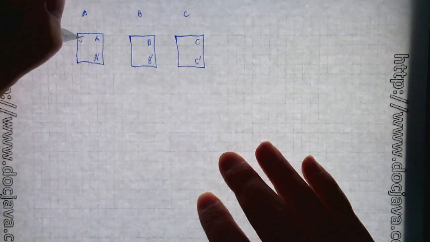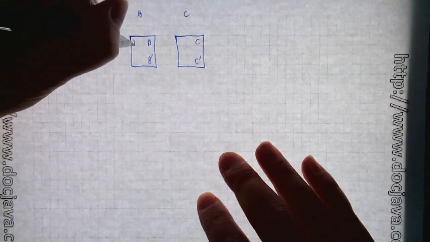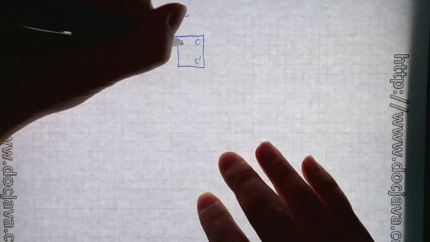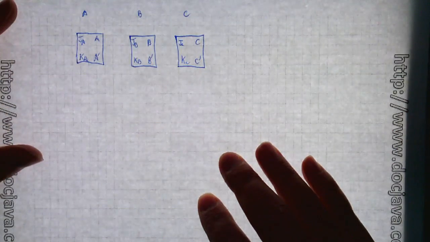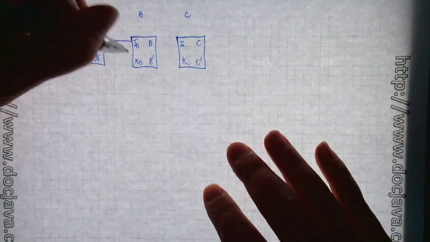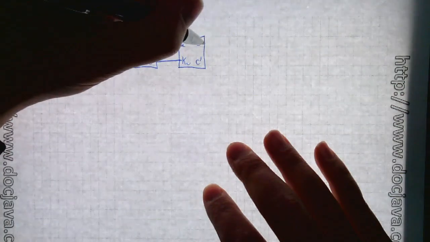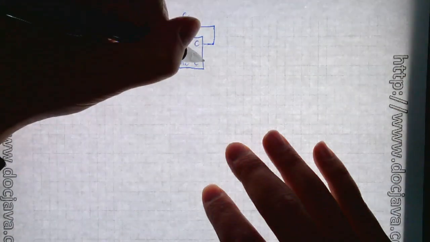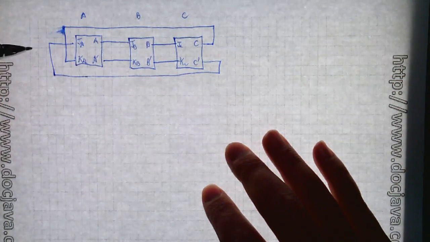Here comes JA, KA, JB, KB, JC, KC. No questions about the setup so far, right? Everybody's okay. Now we're just going to hook it up. Outputs go to inputs. Just like before, we're going to take C and run it into K. We're going to take C prime and run it into JA.